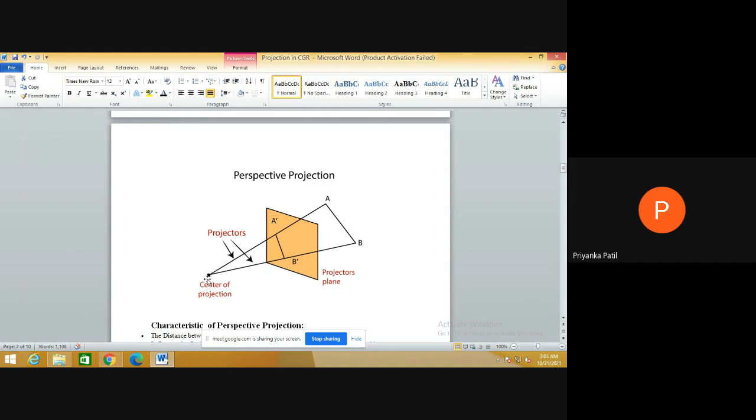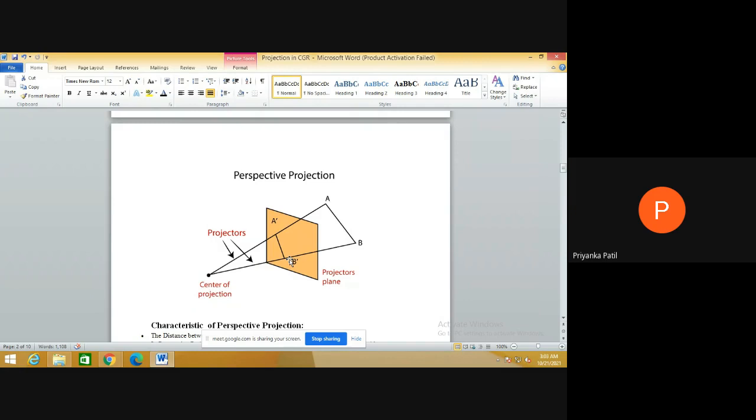Means we can project the points, this is your original points A and B. This is the surface on which we have to create the projection of A and B, which are called A dash and B dash. So the perspective projection maintains its realistic image but changes the size of the given object.